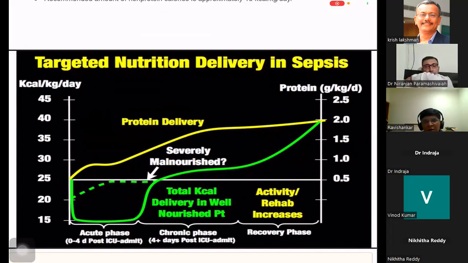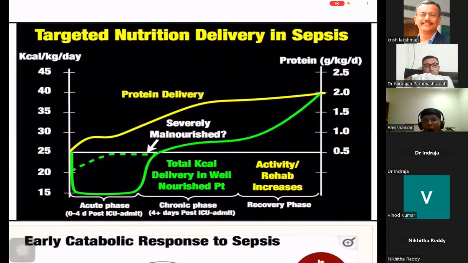In the acute phase, the metabolism of the body is compromised. The requirement may be almost equal to the basal metabolic energy, and because of the sepsis, the lean body mass, like carbs, fats, and proteins, everything starts catabolism for production of calories. Even with providing calories from an external source, this cannot be stopped.